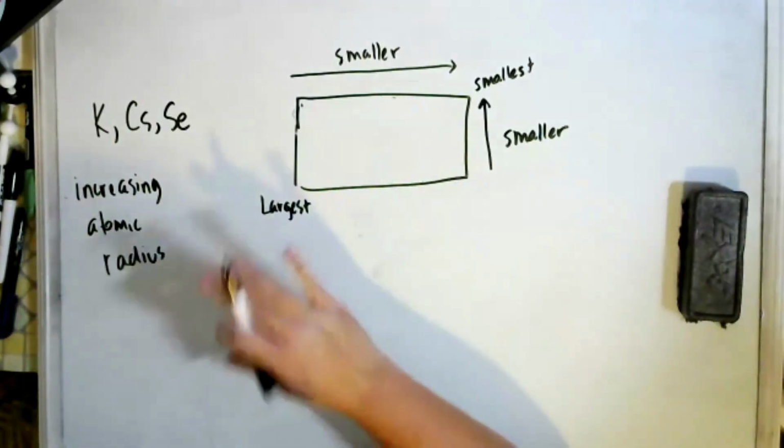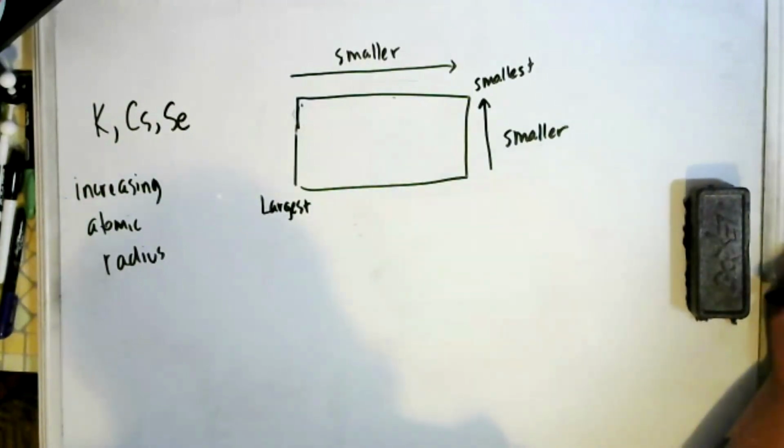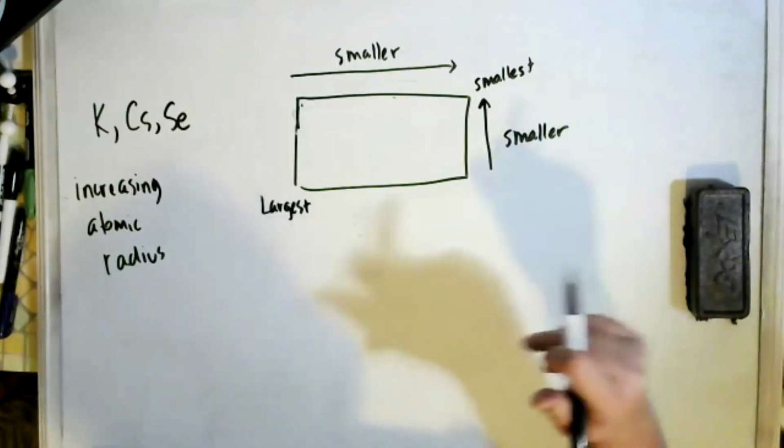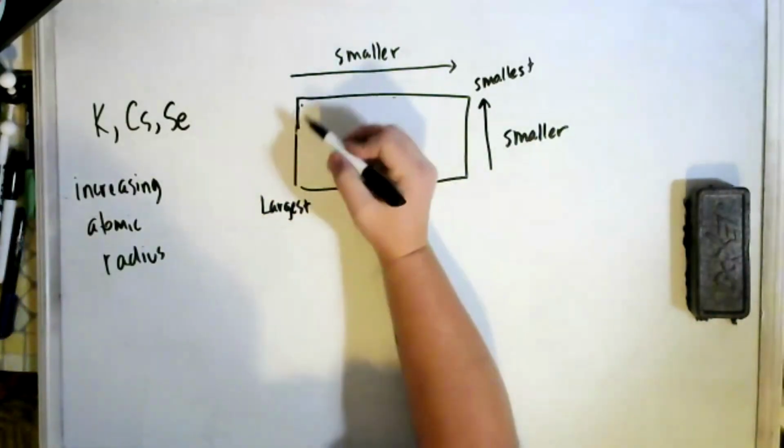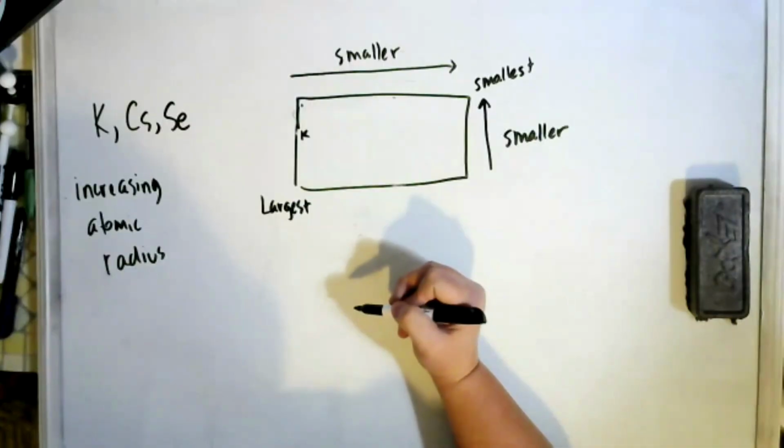First, I'm going to place these elements approximately where they are in reality. Potassium is in the middle of the periodic table, but all the way on the left.